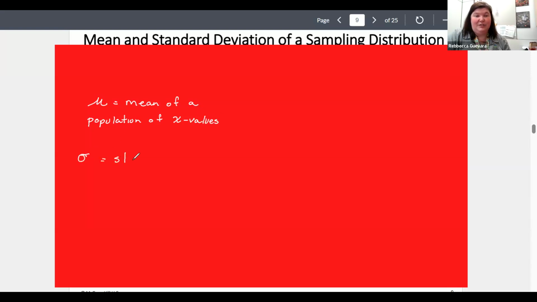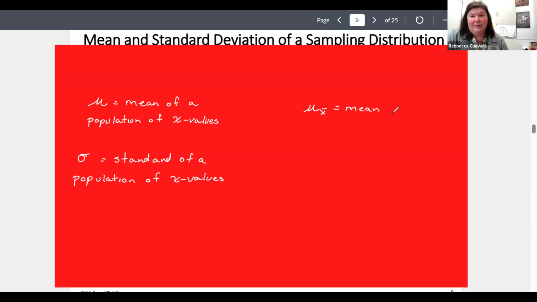This standard deviation is just the standard deviation of a population of x values again. Now, the only thing that's changing here is that mu sub x bar is the mean of a population of sample means. Or we'd say x bar values.